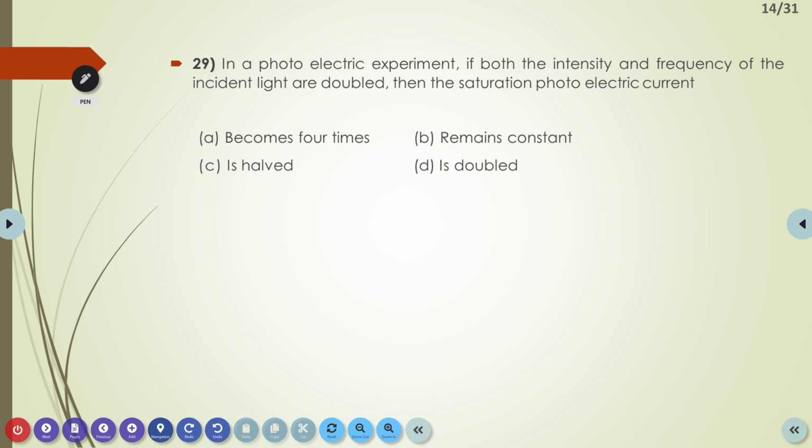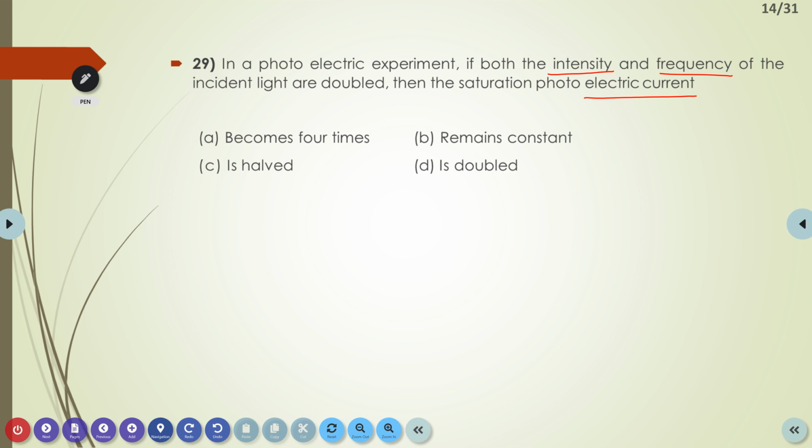In a photoelectric experiment, if both the intensity and frequency of the incident light are doubled, what about the photoelectric current?